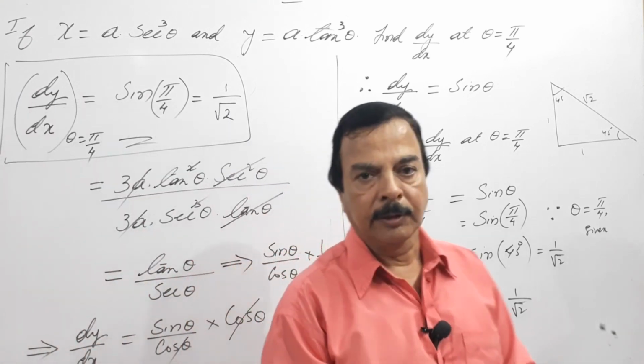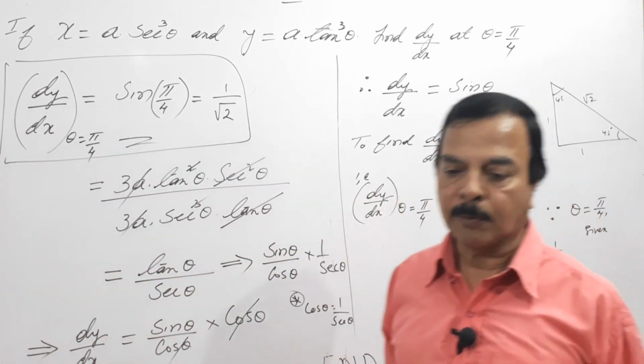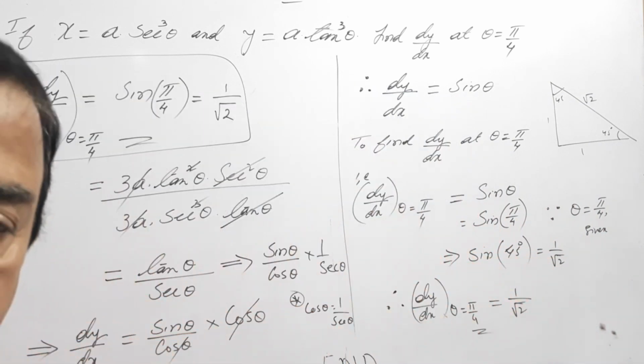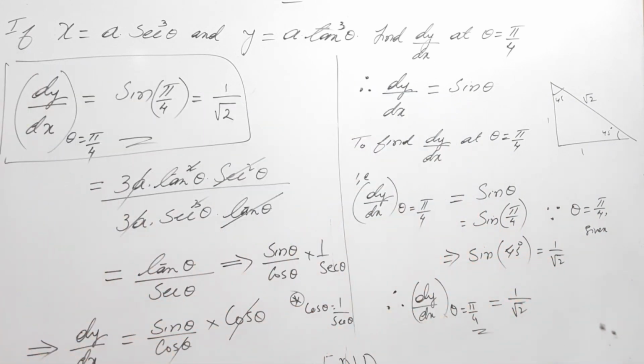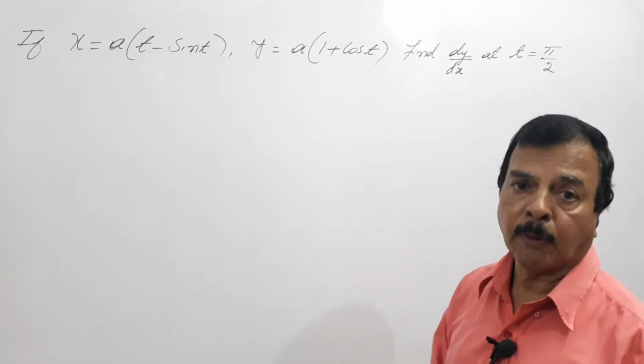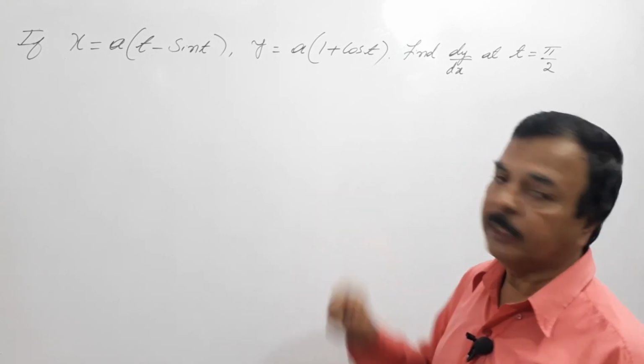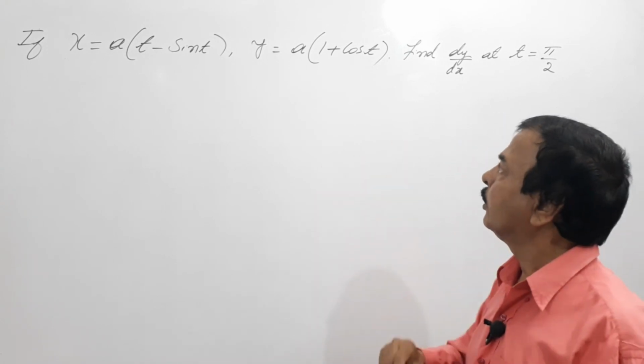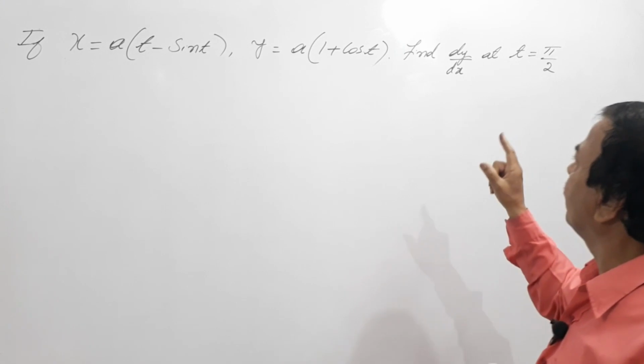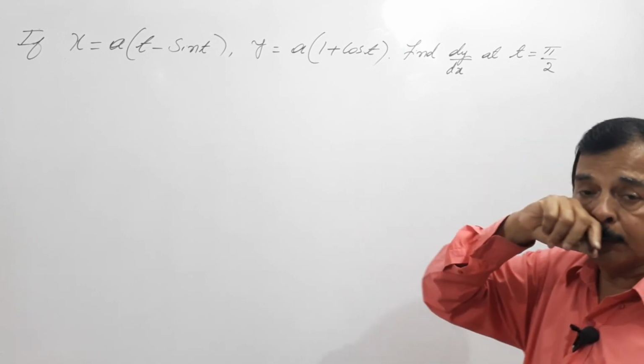So students, we will go for the next problem. We are going to take a problem here. If x equals a into t minus sin t, y equals a into 1 plus cos t, find dy by dx at t equals pi by 2.